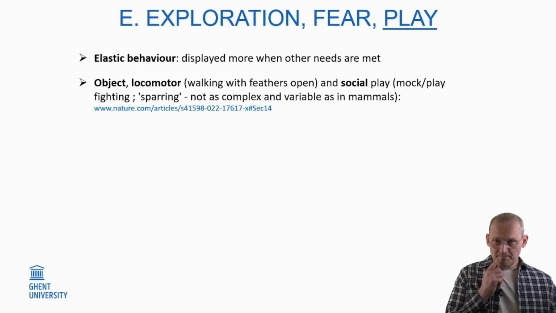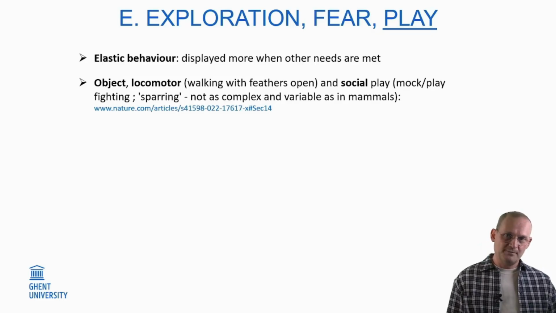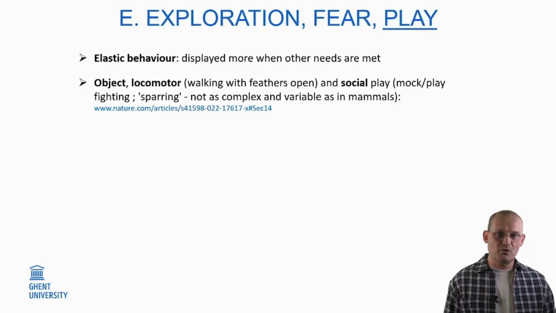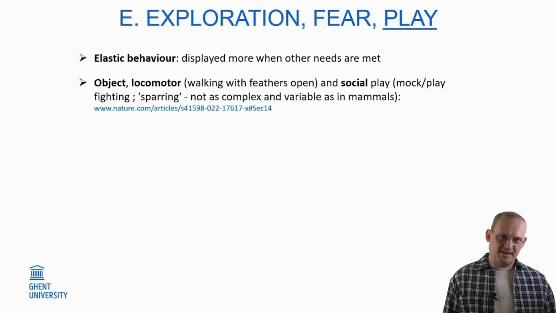We typically also differentiate three types of play behavior, namely object play, locomotory play, and social play. Locomotory play is often walking with the feathers open. The social play is often mock fighting, also called sparring. But the play behavior in chickens doesn't seem to be as complex and variable as in many mammals.